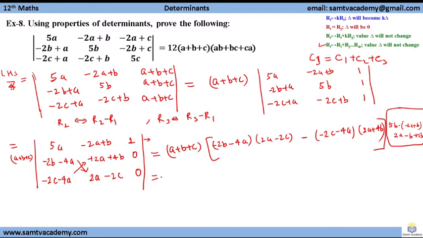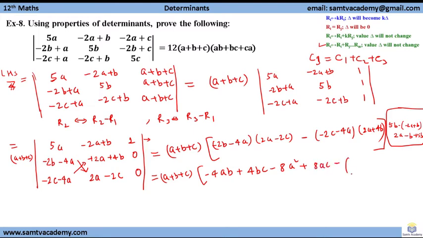If you solve this, a + b + c will be as it is, and we solve this: minus 2b times this becomes minus 4ab, and minus minus will get plus 4bc. Similarly this will become minus 8a square, and this will become plus 8ac.